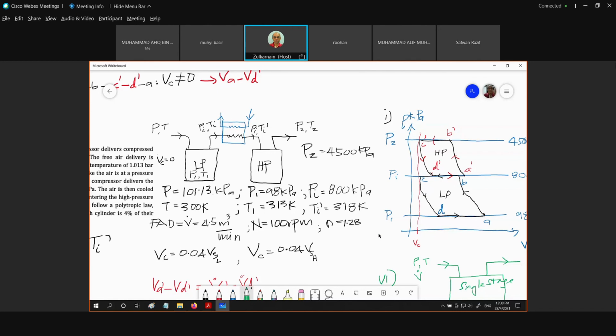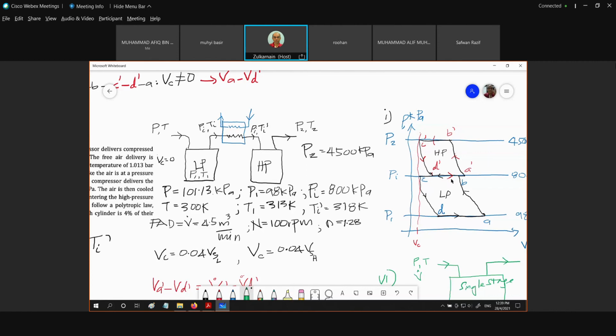The definition of volumetric efficiency is basically the amount of air delivered or air intake, measured at free air delivery. If you look right here, the one that involves the intake at free air delivery is only the first stage.